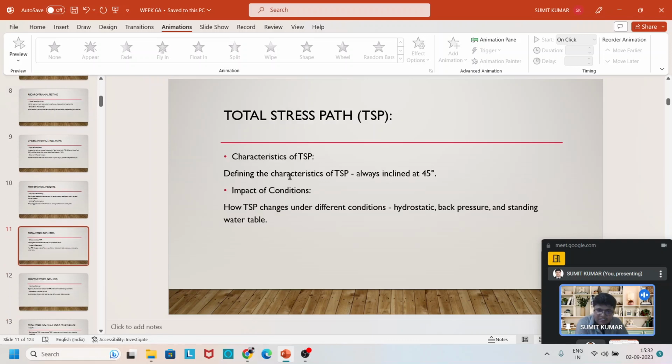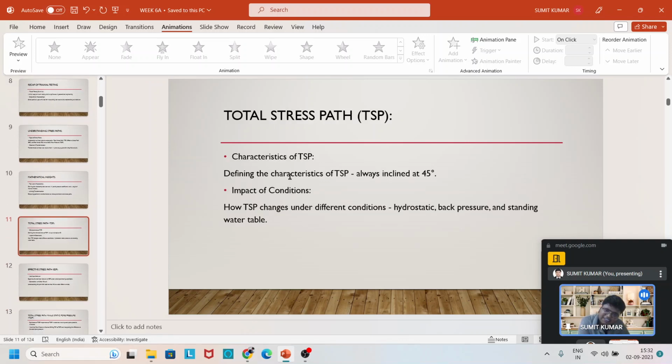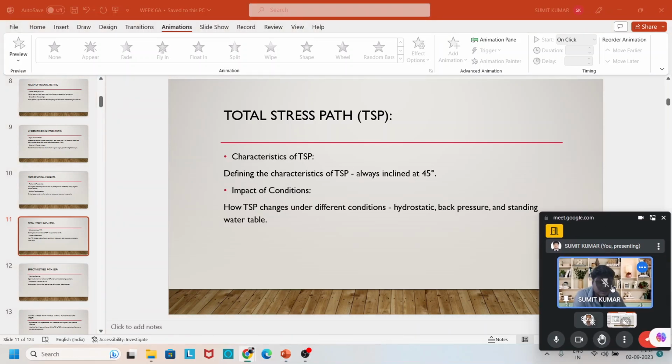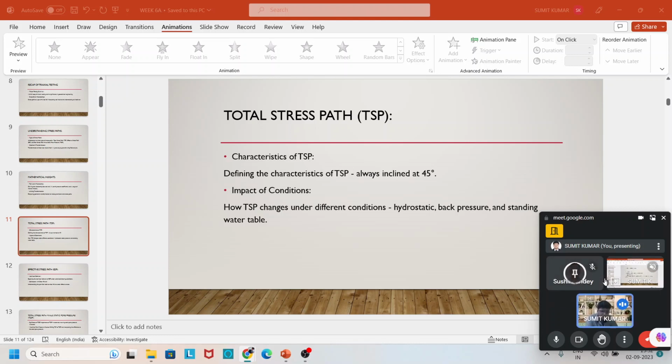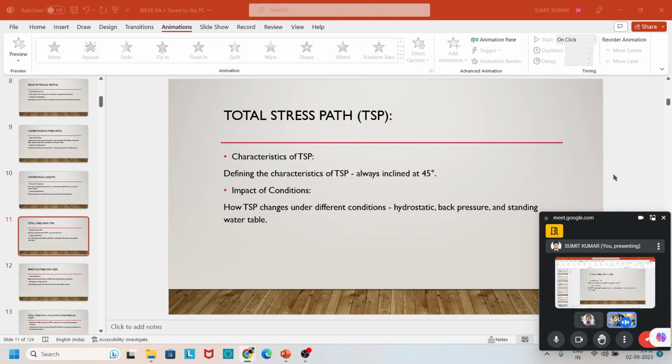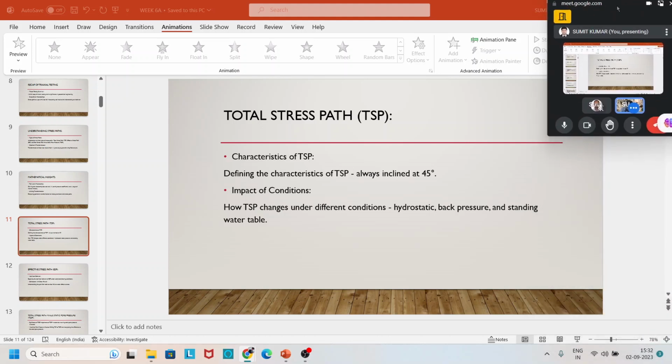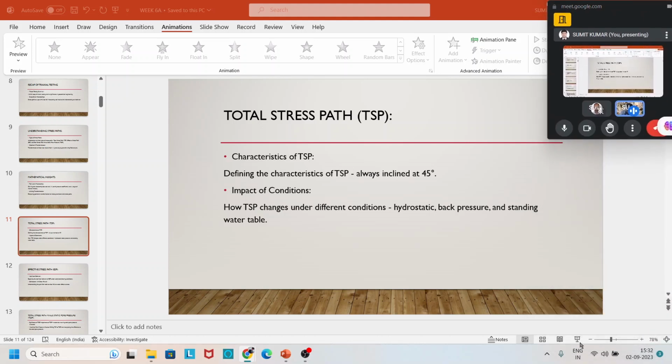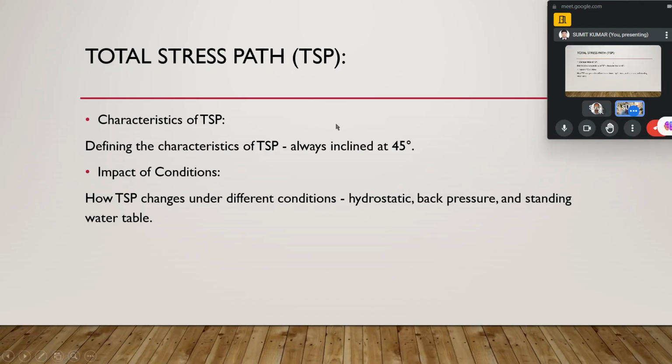So afterward, the characteristics of the total stress path and the definition of the total stress path become somewhat important. We must be aware of the importance of that. When we talk about the importance of the total stress path and similarly the effective stress path, the factors which govern those things need to be stated.